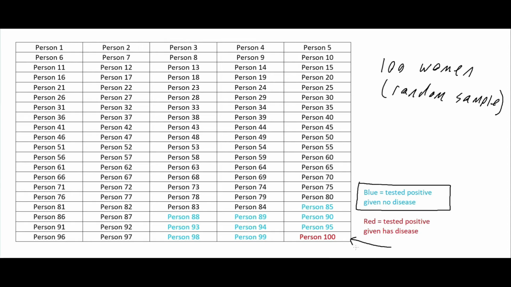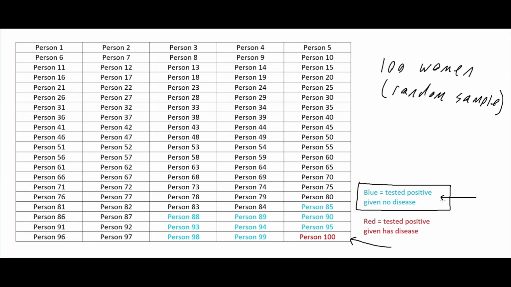We're saying that 1% of this random sample of women, one of them out of 100, will have breast cancer, and we test them, and they get a positive result. But there is a 9% false positive rate, so all these people here in blue also get a positive result, and those people don't have cancer.